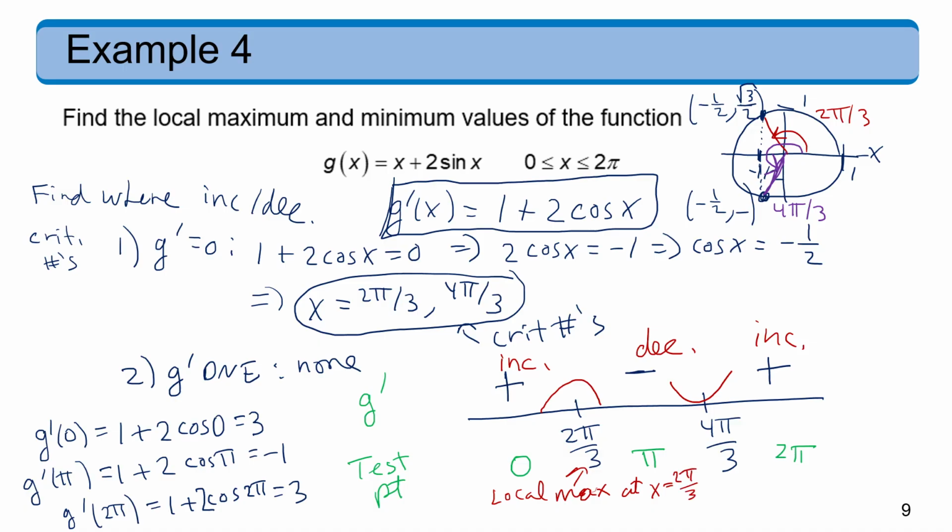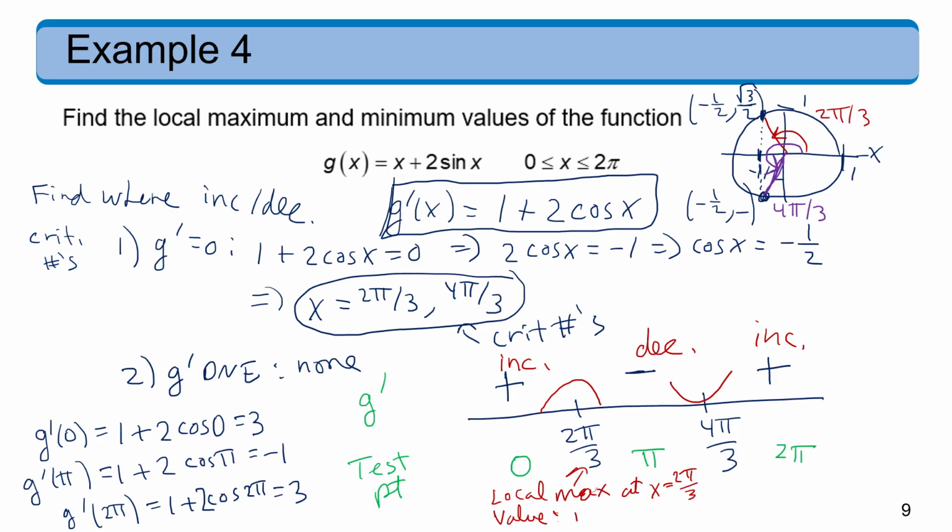If you wanted to know the value of that local max, it just means find the corresponding y coordinate. Make sure you plug back into the original function, not the derivative. So it would be 2 pi over 3 plus 2 times sine of 2 pi over 3. And you could simplify that. I don't think I have space to do that.